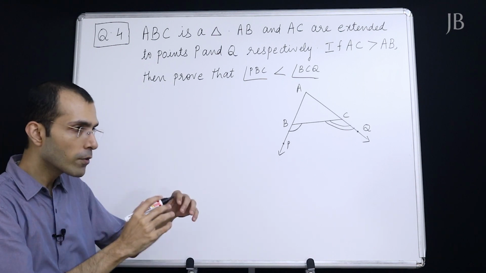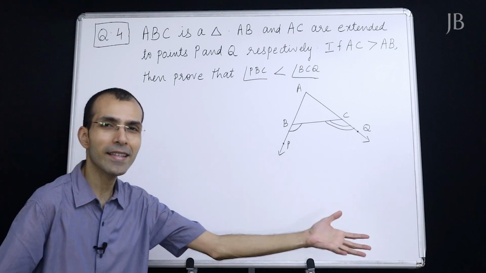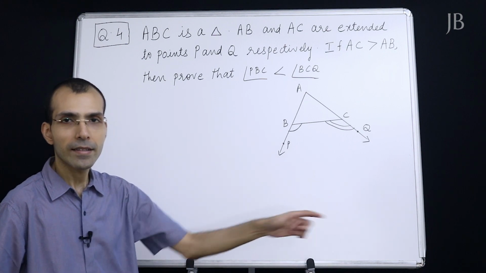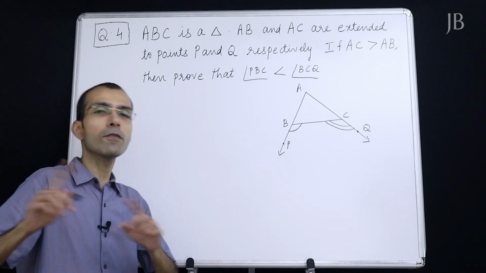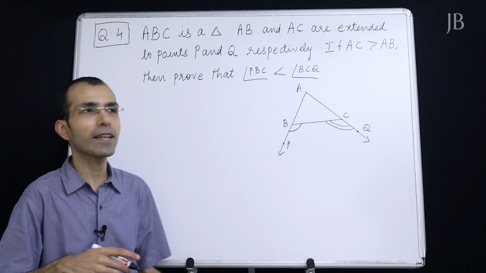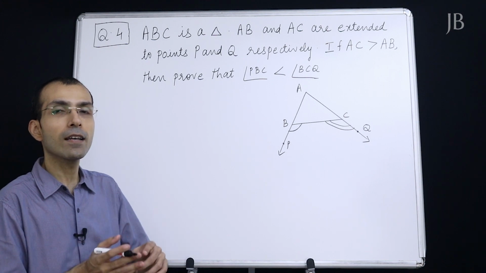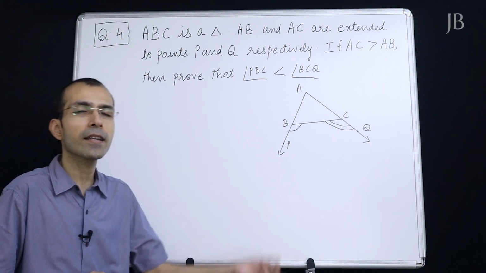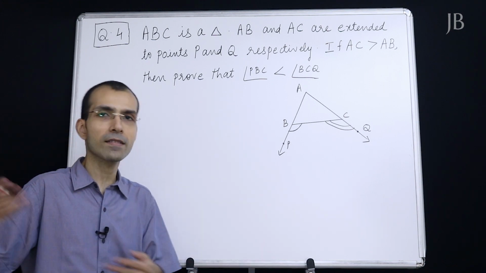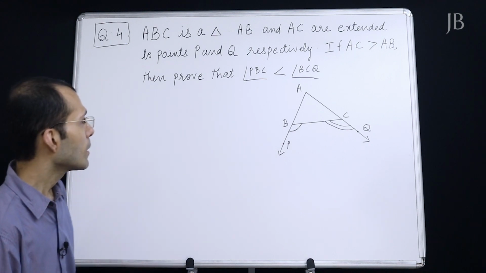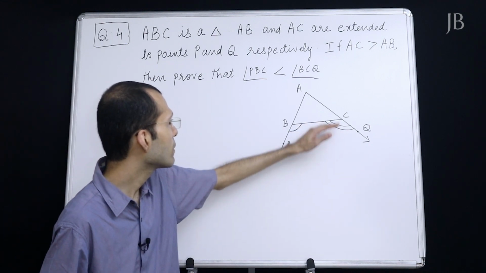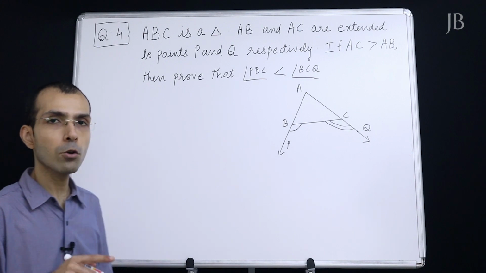So if we can prove one side smaller than the other side, then the angle also will be smaller. It's like that concept, angle opposite to greater side is greater, or angle opposite to smaller side is smaller. But this is going outside. How do we do? So we'll have to go in an indirect way.